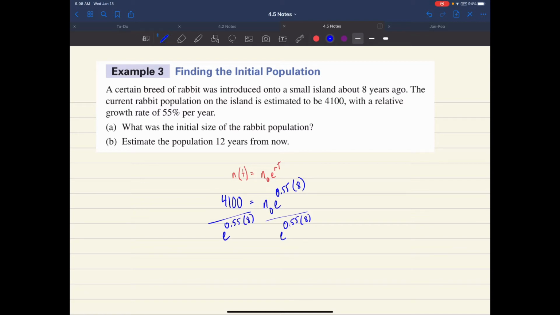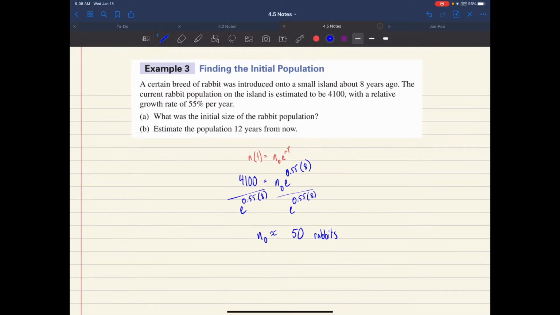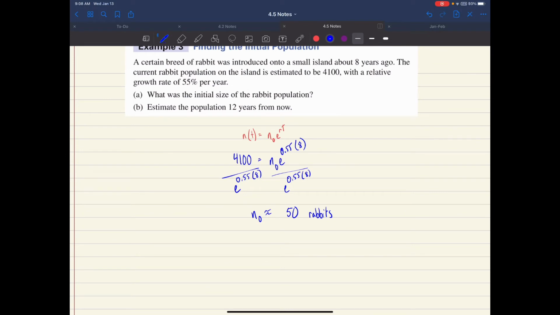So N sub 0 equals 4,100 divided by e raised to the 0.55 times 8. And if you calculate this out, it's approximately 50. So 50 rabbits. Now that would be A.